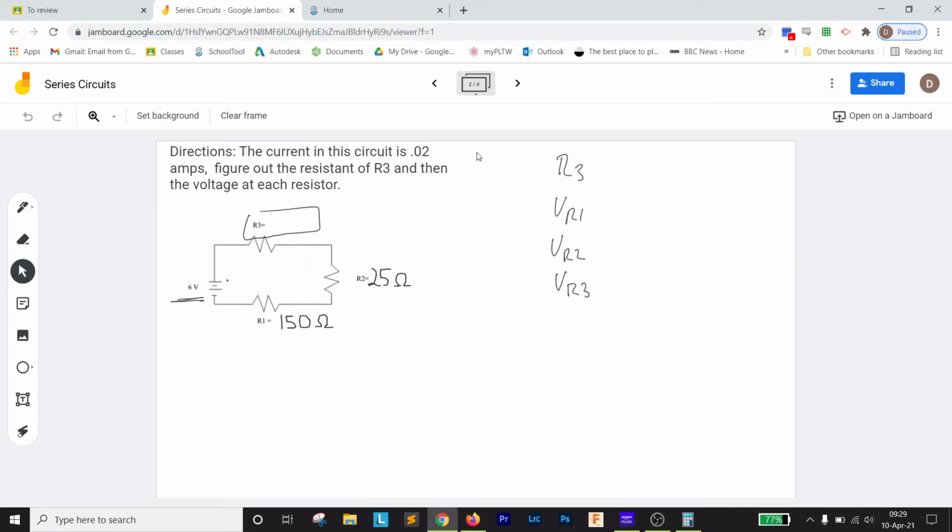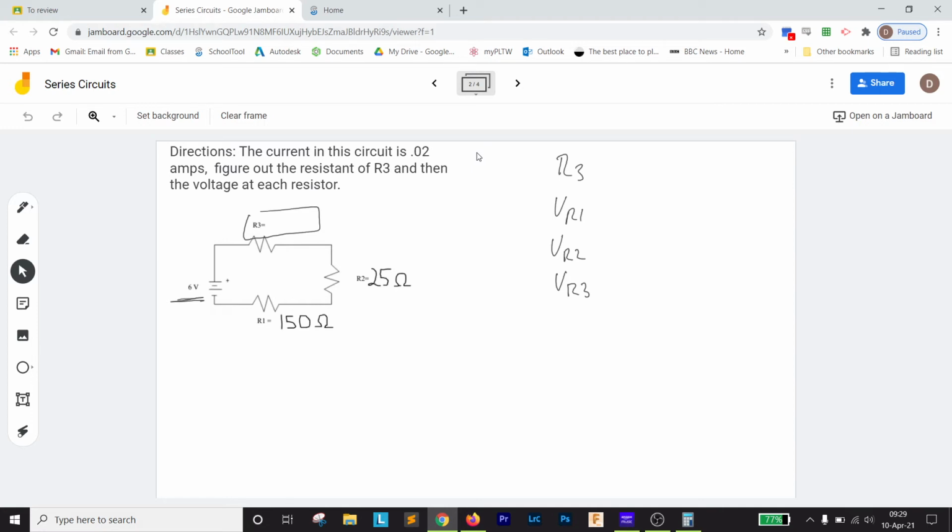So to figure out any of these, we can figure out some of these voltage drops right now, but we really need to figure out what R3 is first. So to do that, I'm going to find the total resistance.